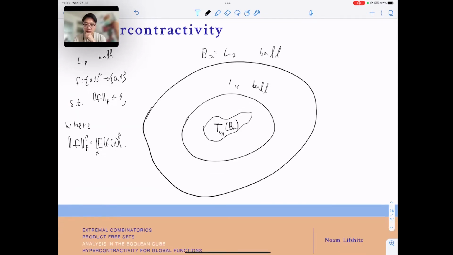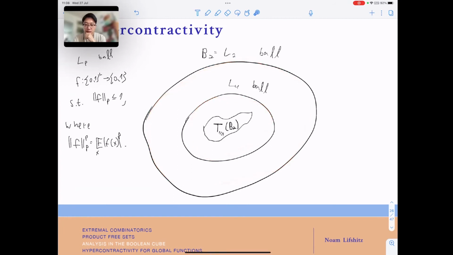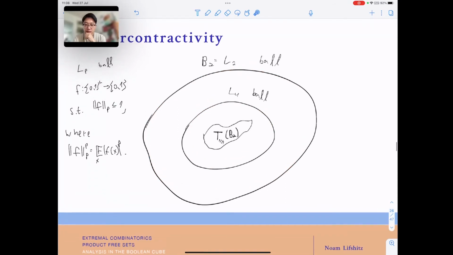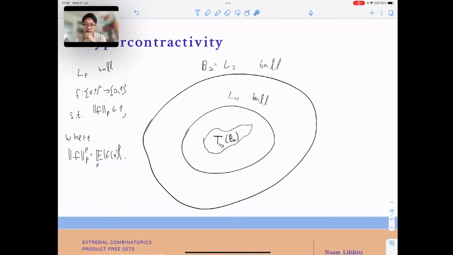And it turns out that if we define these Lp unit balls this way in a probability space, then the L4 ball is contained in the L2 ball. And usually when we talk about operators that are contracting, it means that they send the Lp ball to itself. To contract with respect to the Lp norm means that you send the Lp ball to itself.